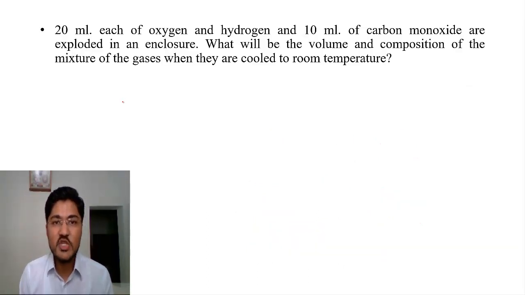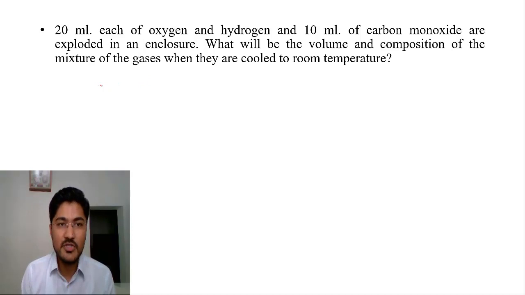100 ml each of oxygen and hydrogen and 10 ml of carbon monoxide are exploded in an enclosure. What will be the volume and composition of the mixture of the gases when they are cooled to room temperature?